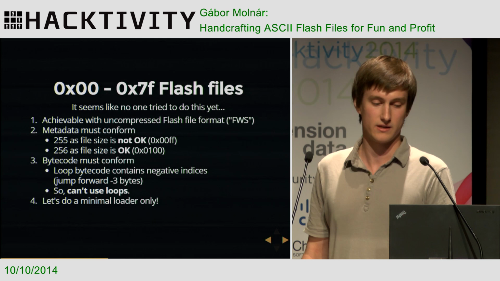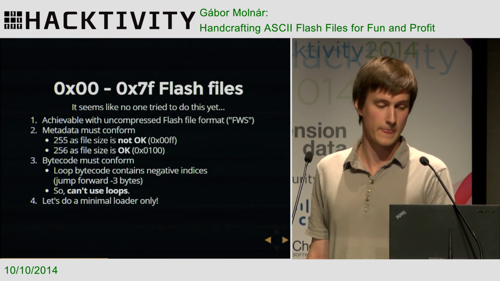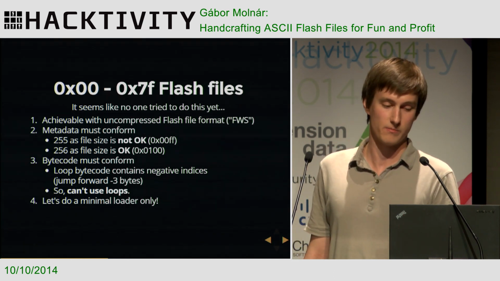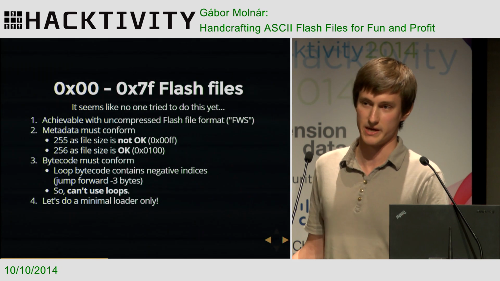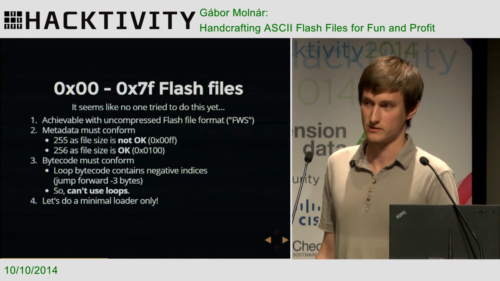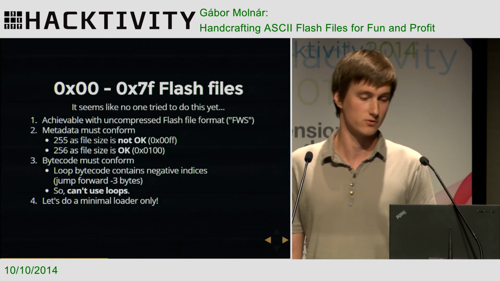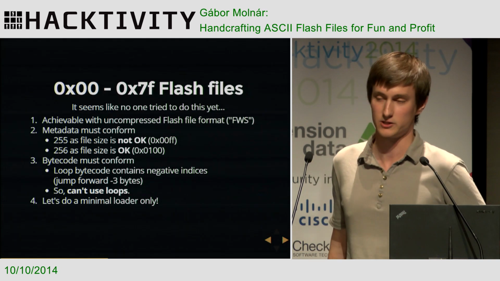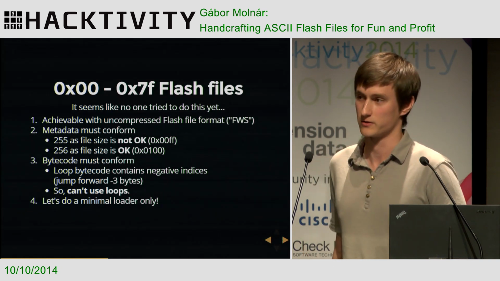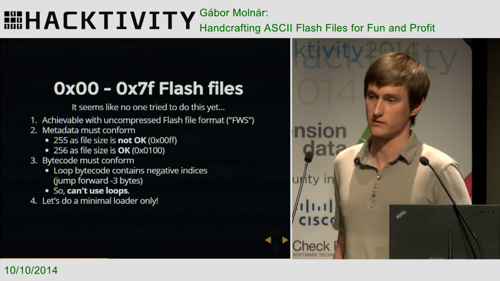But if 256 is the file size, then the first block will overflow, and this will result in a value that is within the restrictions. The second thing is the bytecode that must conform to the same rules. But I found that most of the opcodes are in the lower ASCII table. Some don't. Unfortunately, jump, for instance, is in the upper ASCII table as a code.